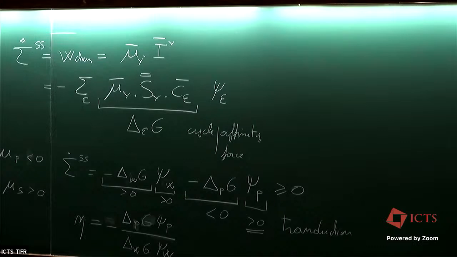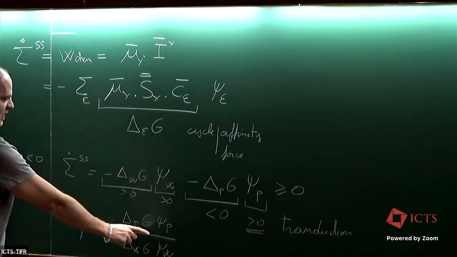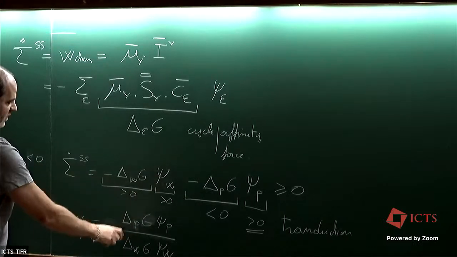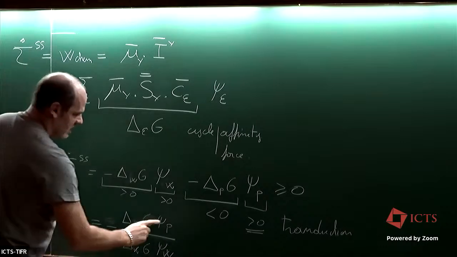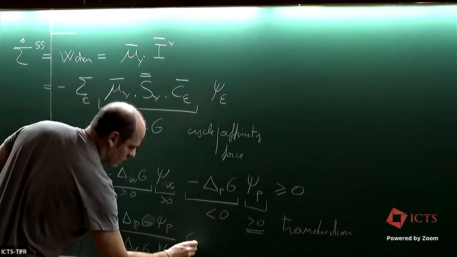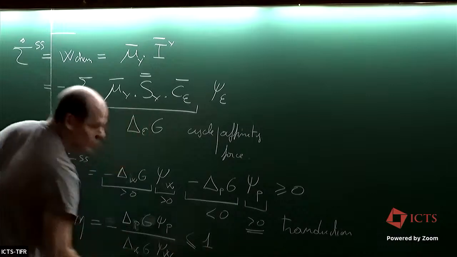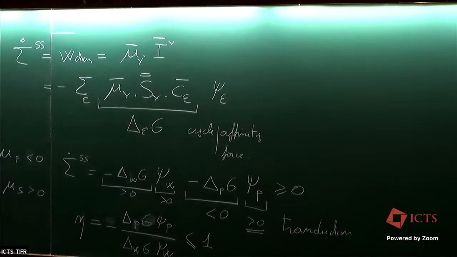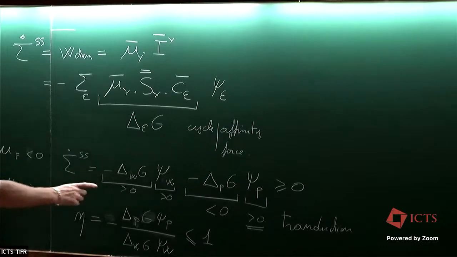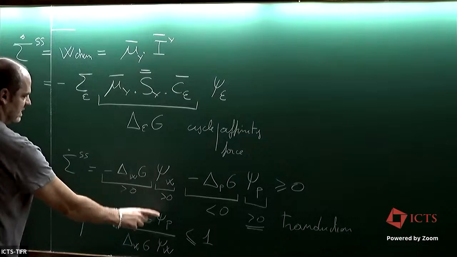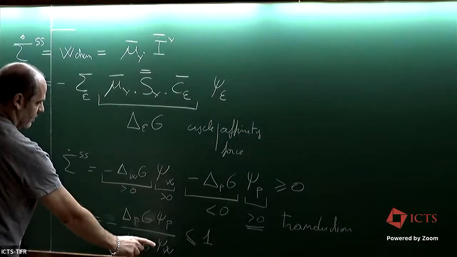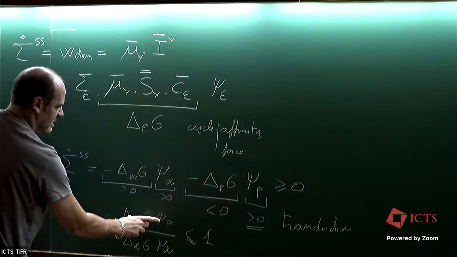And now it is simply a trivial algebraic trick to prove that the second law imposes this thing to be always lower or equal to 1. You simply need to substitute this by this.